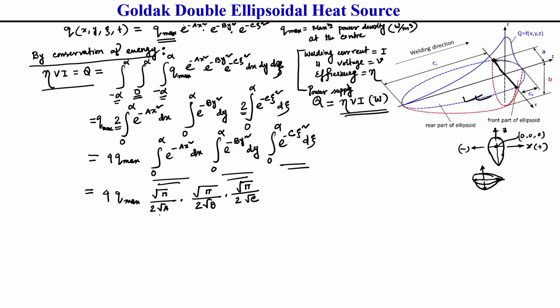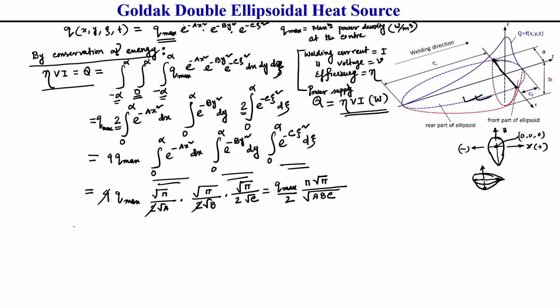From here, generally, this 4 cancels out. What are the things you are getting? You can write q max divided by 2 pi root pi divided by a square root of a b c.